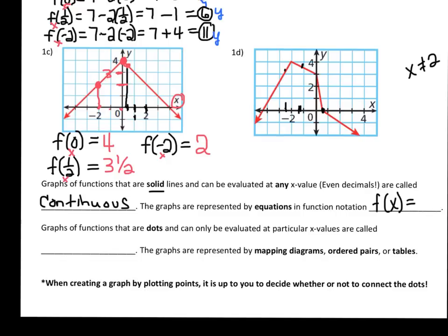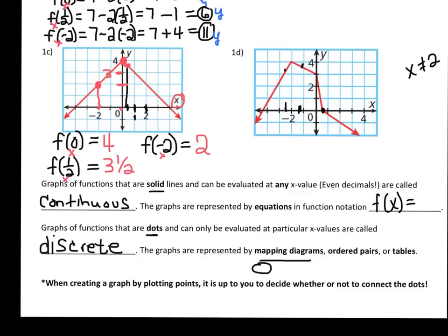If you have a graph that is made up of a bunch of dots, and you can only figure out particular x values because it skips around, those would be like graphs we were looking at yesterday. Those graphs are called discrete. You know you'll have a discrete graph if you are putting a mapping diagram on a graph.